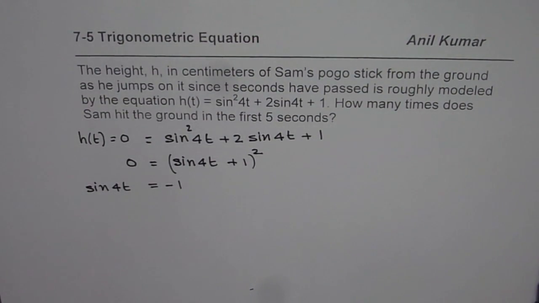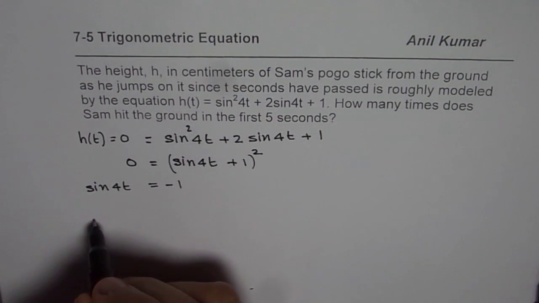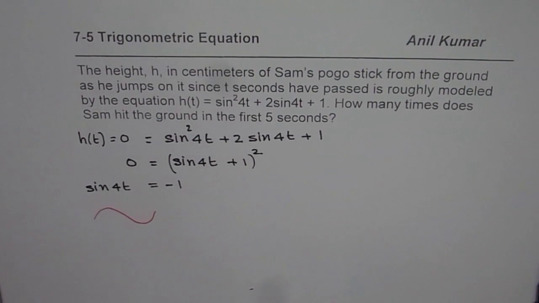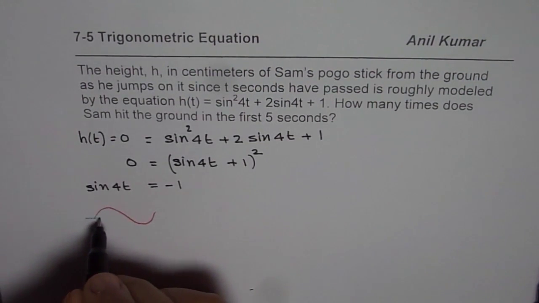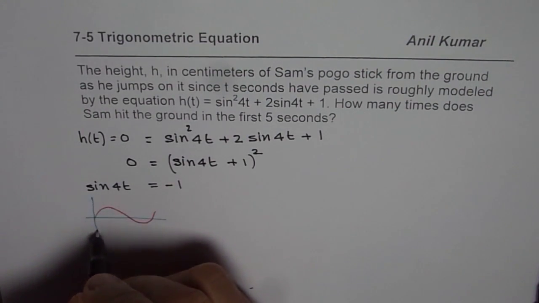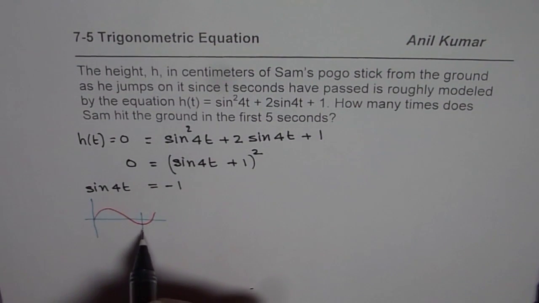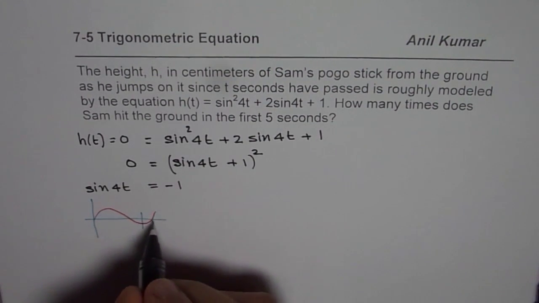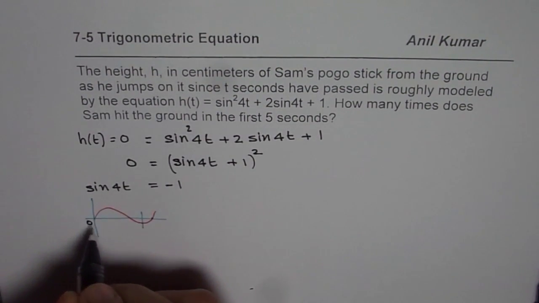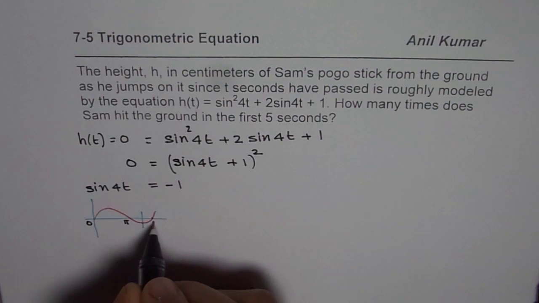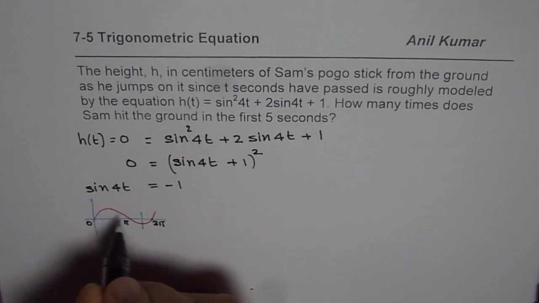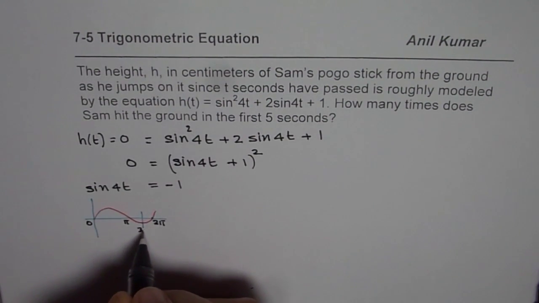Now if you look at the sine function, which is kind of like this, it is minus 1 in one period only for one particular value, right? It is minus 1 when theta is equal to, well, this is 0, this is 2 pi, this is not to scale, 3 pi by 2.